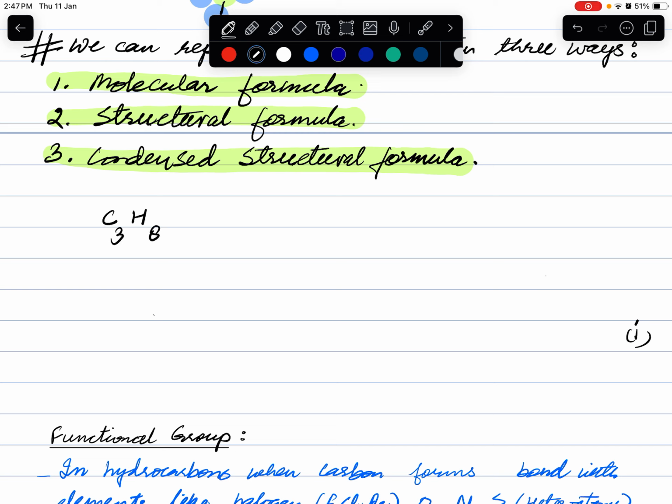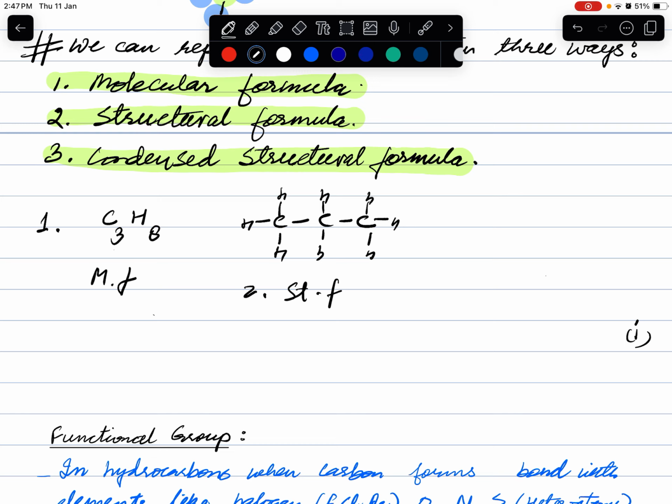There are 3 carbon atoms and 8 hydrogen atoms, and this is the molecular formula of the compound. Now if I open up the carbon atoms and then all the hydrogen atoms, 1, 2, 3, 4, 5, 6, 7, 8 hydrogens are shown here. So this is the structural formula, the second one.